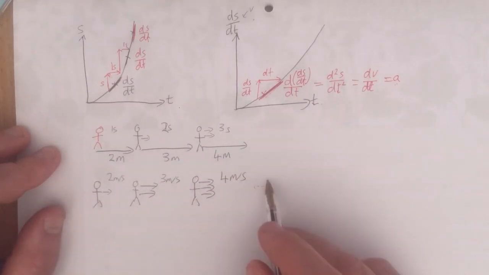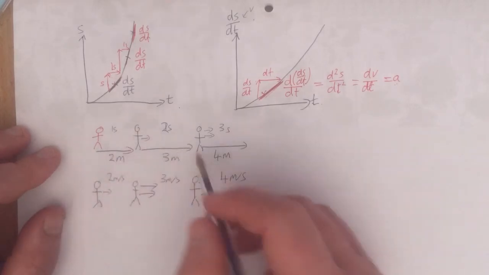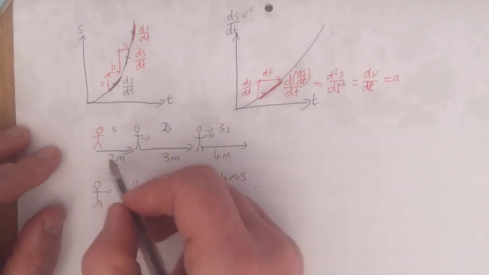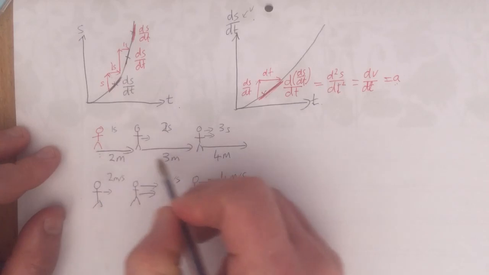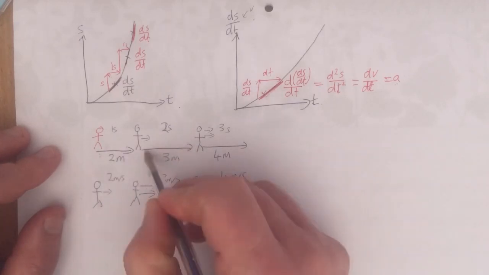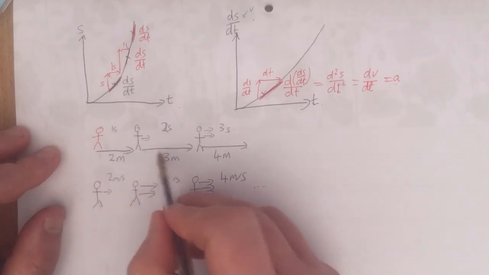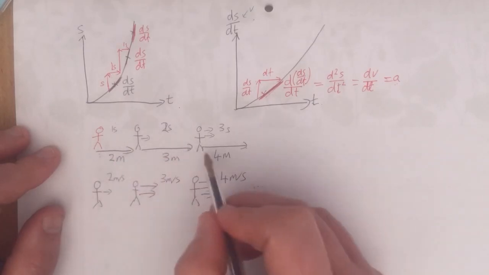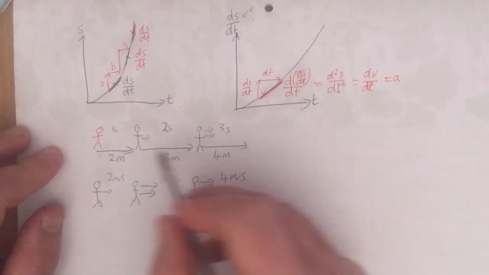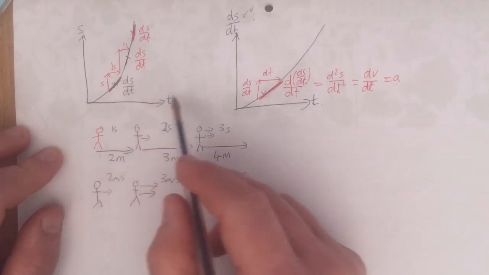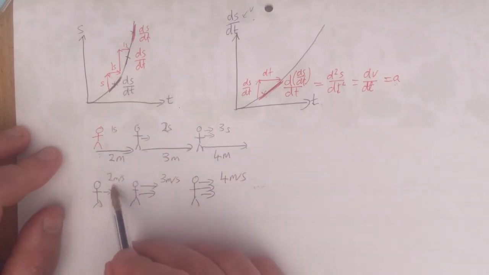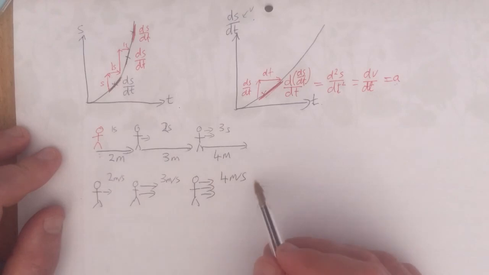So their velocity is increasing. But remember, the velocity is actually the rate of change of displacement. So displacement is increasing at a greater rate every second that you move forward, and the velocity is therefore increasing at a greater rate.